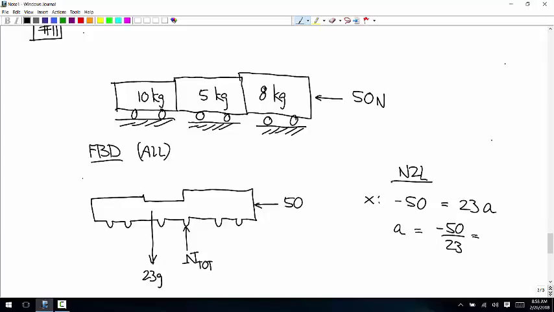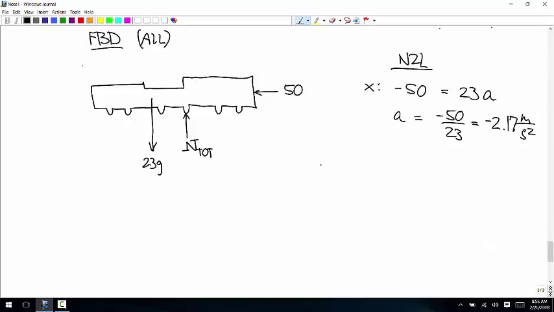What do you get for that? Negative 2.17 meters per second squared. And so the acceleration vector is that in the x direction and 0 in the y direction. Any questions about that?